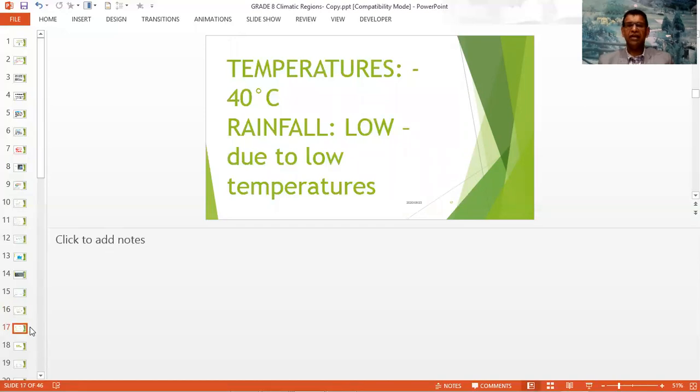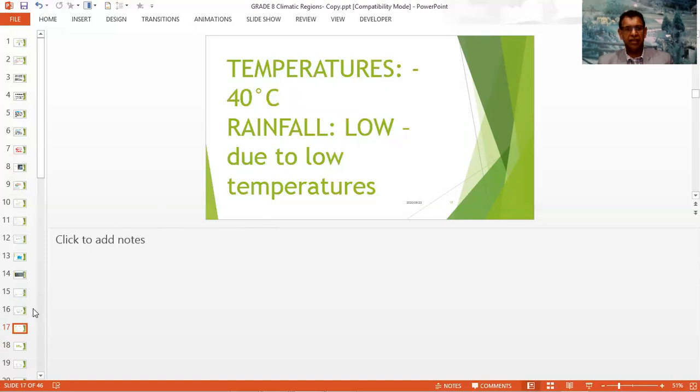Along the polar areas, our temperatures are on average, in some cases, minus 40 degrees Celsius, which is well below freezing point. Our rainfall is going to be low, and the rainfall is low because of lower temperatures.